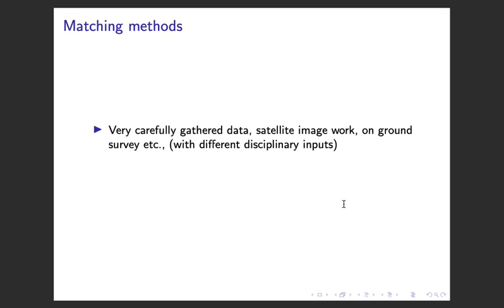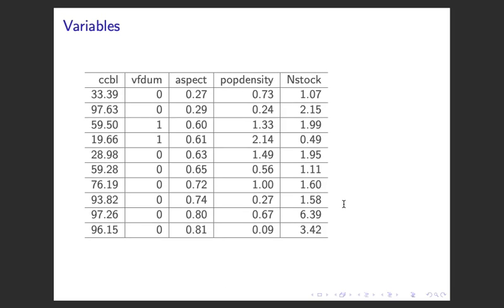The authors have used very carefully gathered data, satellite image work, on ground survey, etc. The matching method was also used, and we will focus on that over here in an illustrative way and also intuitively using graphs. So, these are the variables.